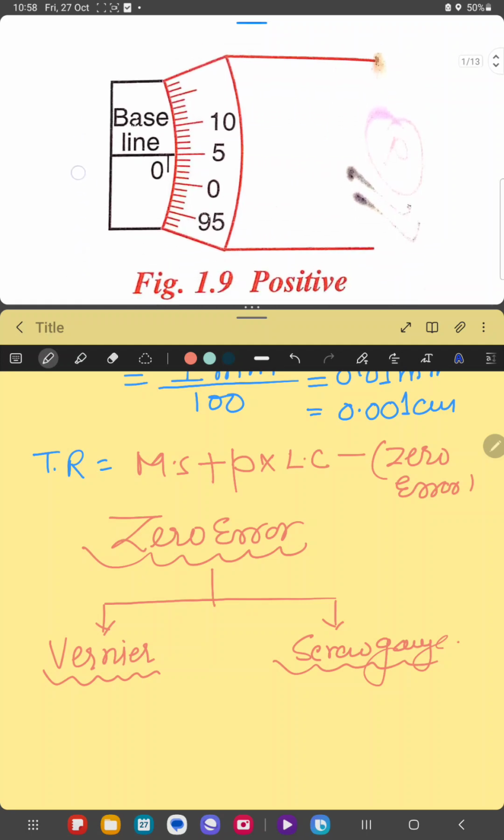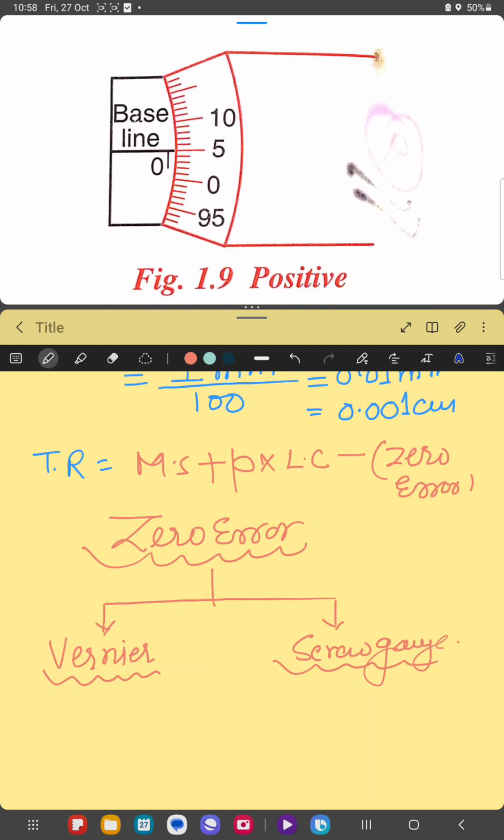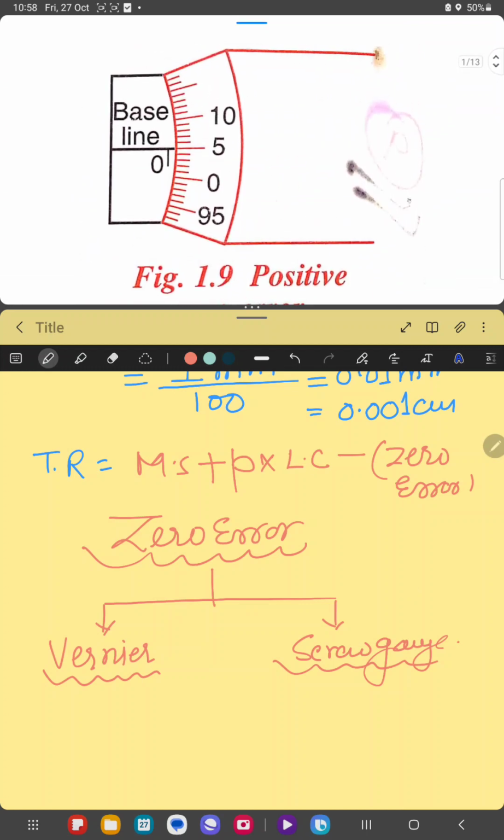Let's first see the screw gauge. Here you can see diagram 1.9. Look at the baseline. The circular scale zero is just below the main line. So that is called positive error.